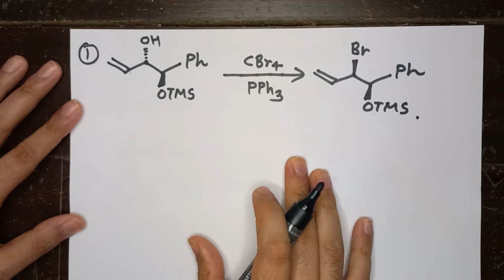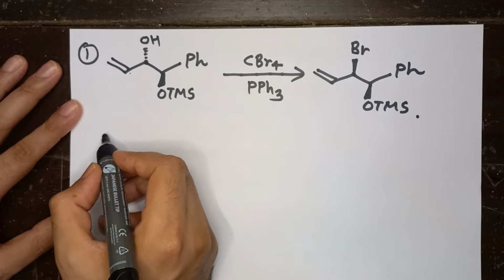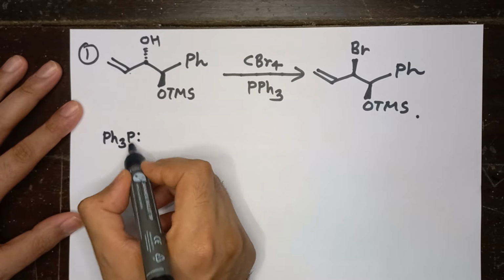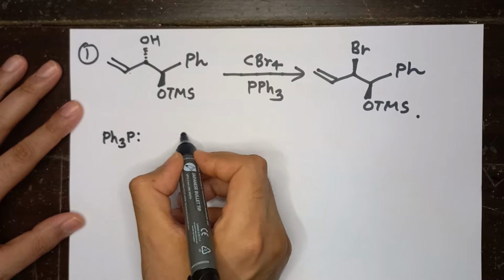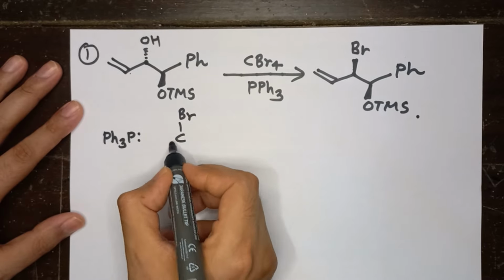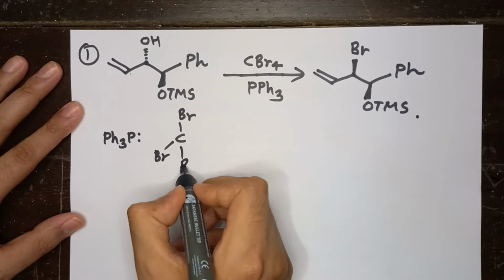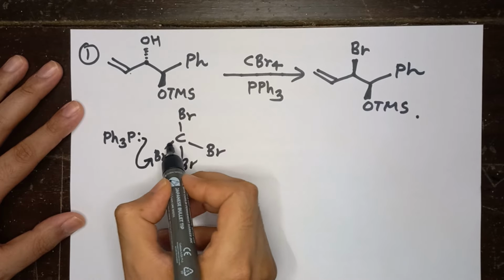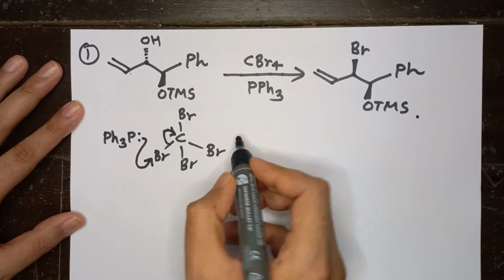Let's quickly draw the mechanism for this one. So I have triphenylphosphine. Phosphorus has this lone pair of electrons. We have carbon tetrabromide. So this phosphorus will form a bond with bromine. This bond will collapse on carbon.